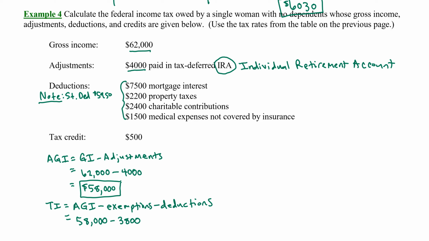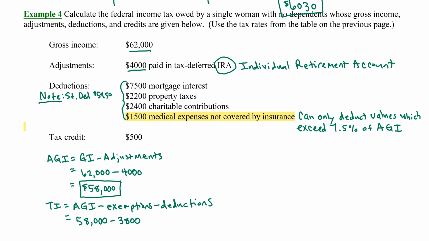Now, one thing that we need to point out for the medical expenses, we can only deduct those under certain conditions. So let's make a note over here. We can only deduct values which exceed 7.5% of a person's adjusted gross income.